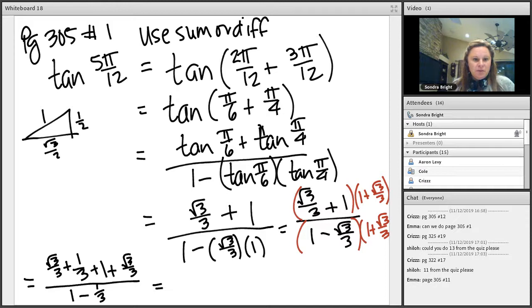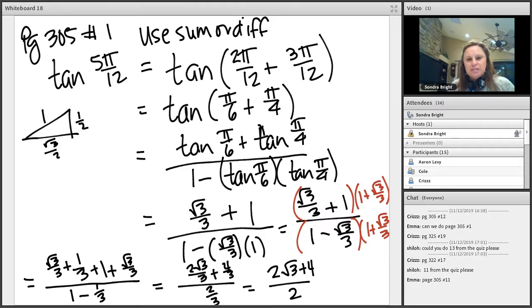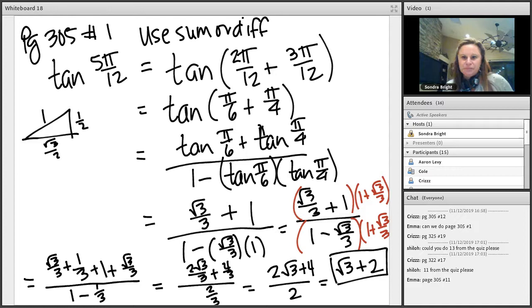And so that will give you 2 rad 3 over 3 plus 4/3, all over 3 over 3 minus 1 over 3, which is 2 over 3. They both have a denominator of 3, so it's 2 rad 3 plus 4 over 2. 2 goes into all of that, and so rad 3 plus 2 is your answer, since the 2 goes into all of those guys. Okay.